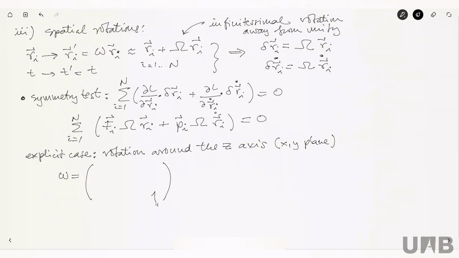So that means I have a 1, a 0, a 0, a 0, and another 0. I only have to fill in this 2×2 submatrix. So which is this 2×2 submatrix which corresponds to a rotation around the z-axis, or if you wish, a rotation of the xy plane? Who can tell me?